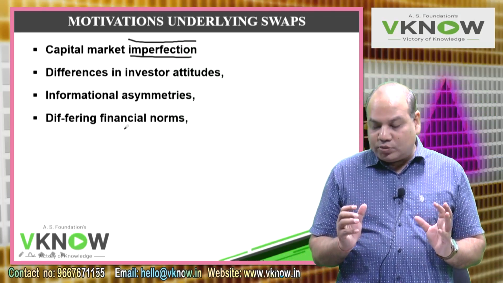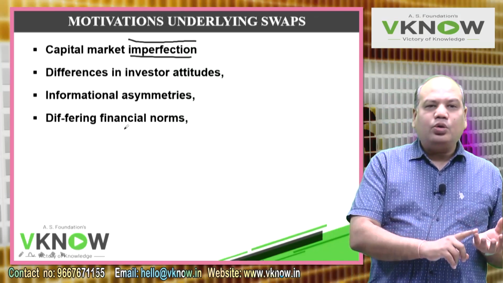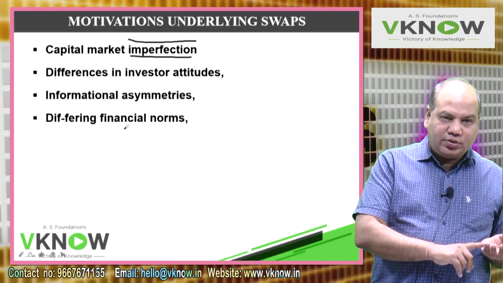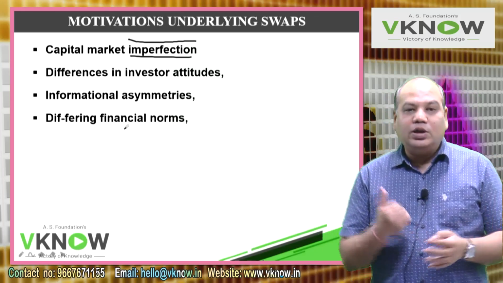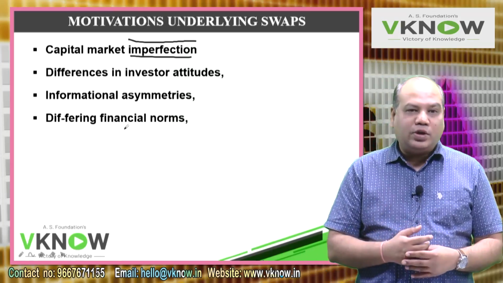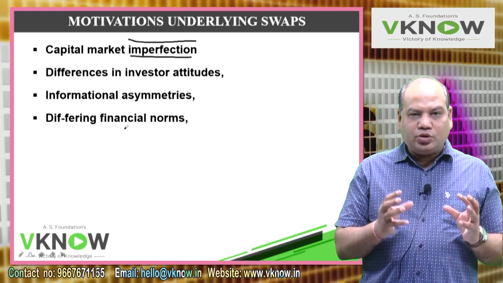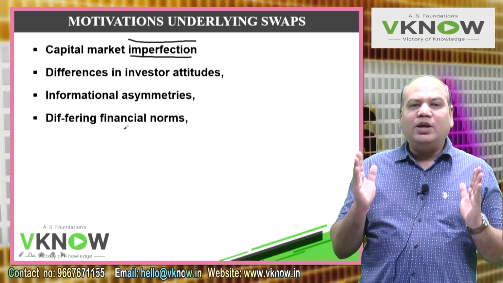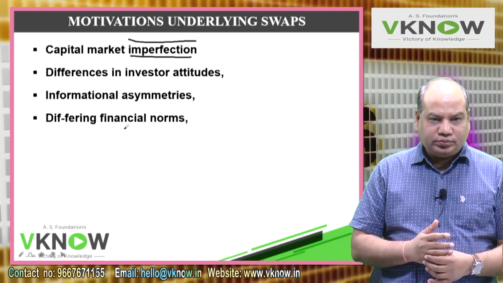Differing financial norms means, as we have seen earlier, a company can borrow at a fixed rate of 8%, but a floating rate at LIBOR plus 2%, while the other company can borrow at a fixed rate of 10%, but a floating rate of LIBOR. So the financial institutions or the lenders apply different norms for different categories of borrowers.